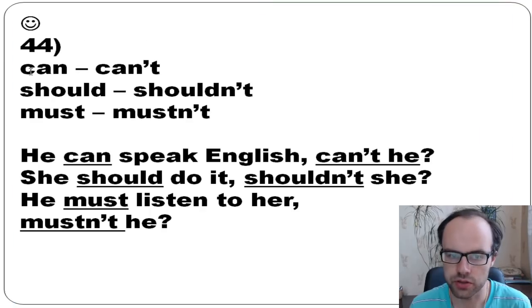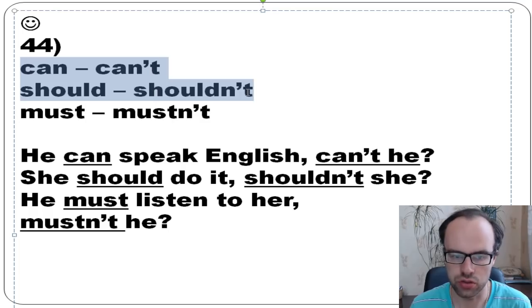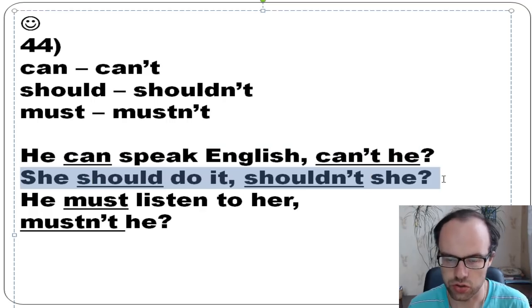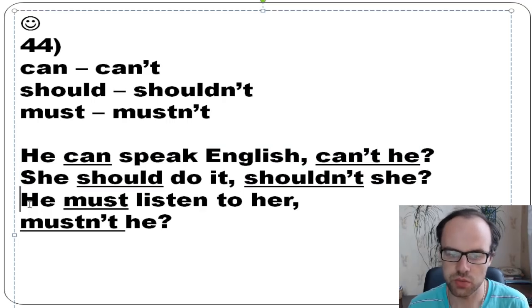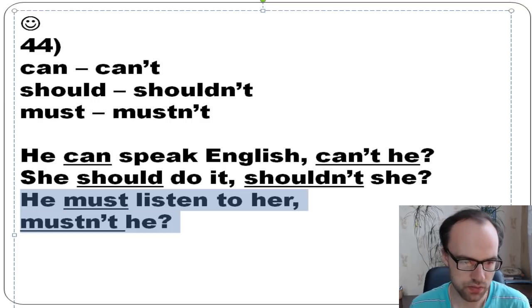What about modal verbs? We change can to can't, should to shouldn't, and must to mustn't. He can speak English. Can't he? Can to can't. She should do it. Shouldn't she? Means really. He must listen to her. Mustn't he? Really? Good.